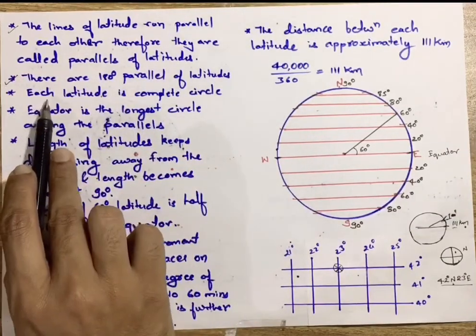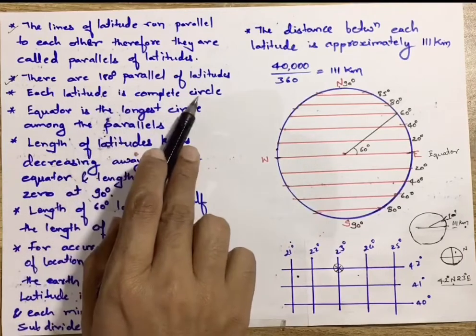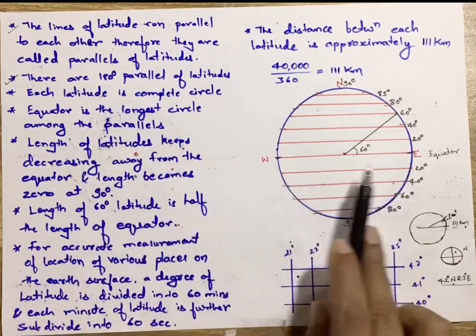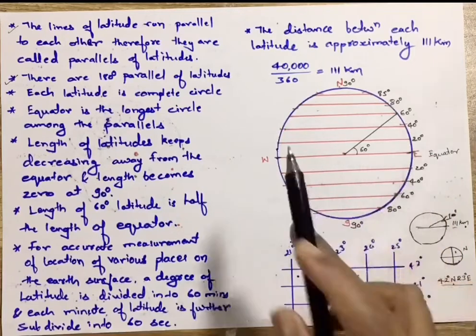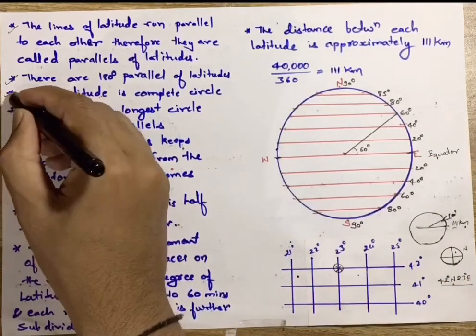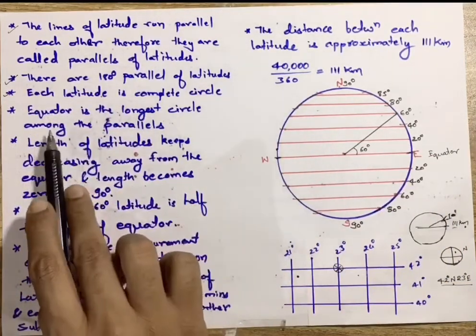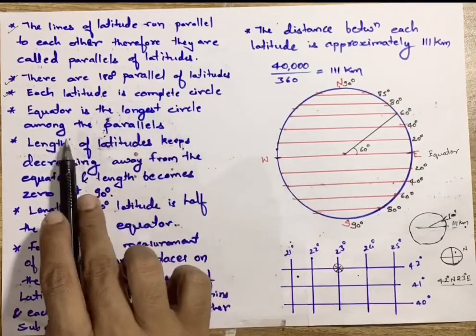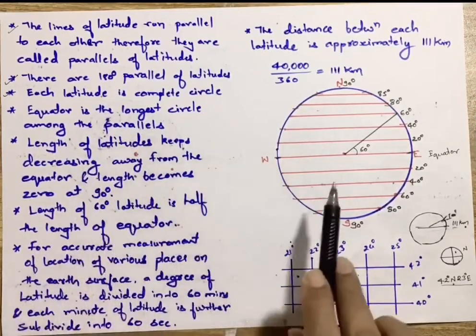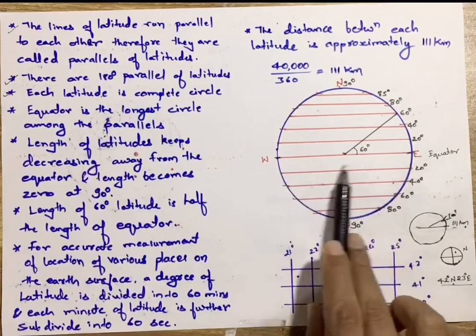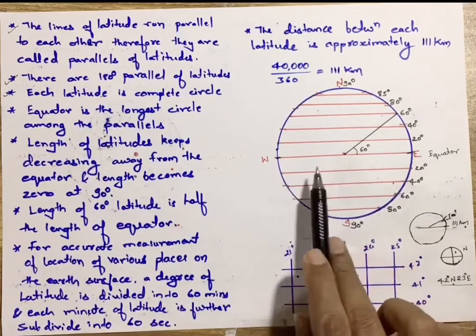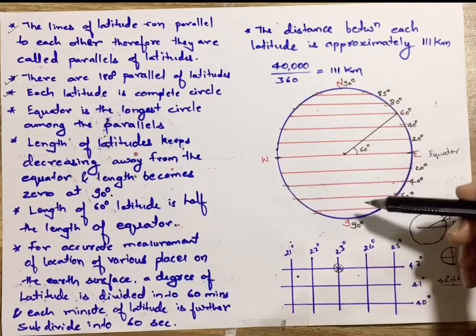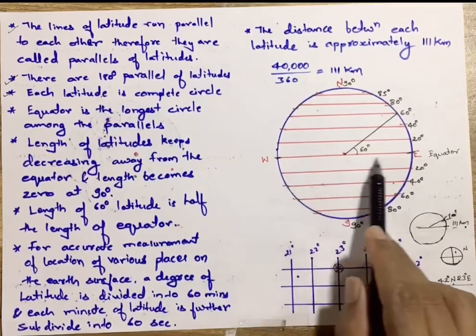Next point is, each latitude is a complete circle. Next point, equator is the longest circle among the parallels. When you talk about the length of the equator, it has more length when you compare it with the other latitudes.